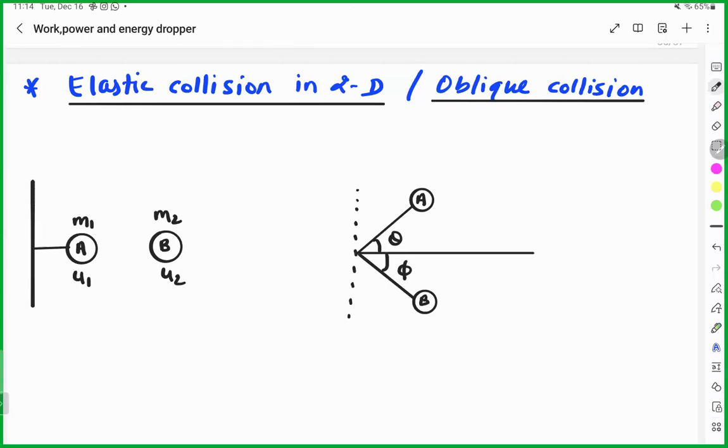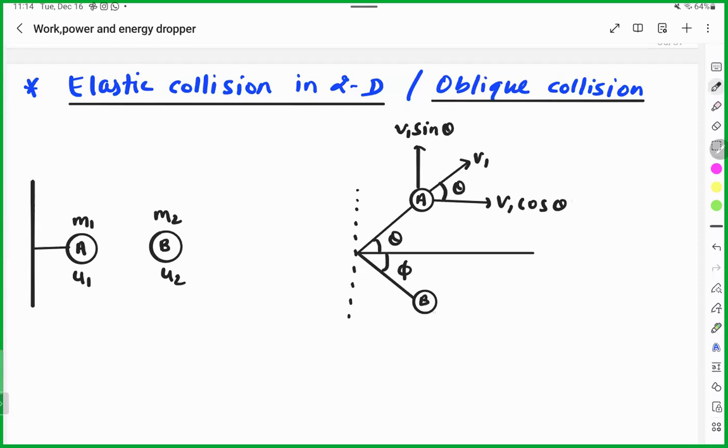You know this will be the v1 velocity, correct? It is moving with some velocity. You will consider two components. One is the base component, which will be v1 cos theta, and another in the upward direction will be v1 sin theta. Same here.